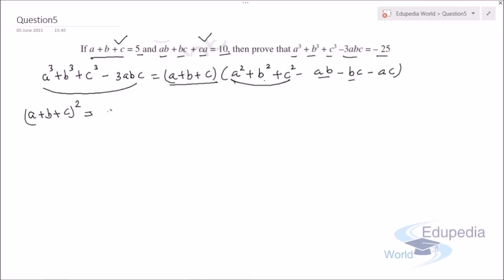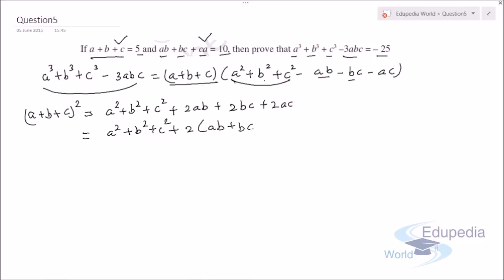It is a square plus b square plus c square plus 2ab plus 2bc plus 2ac. So we can take 2 common out and get ab plus bc plus ac.